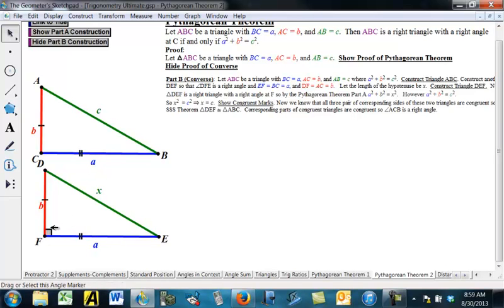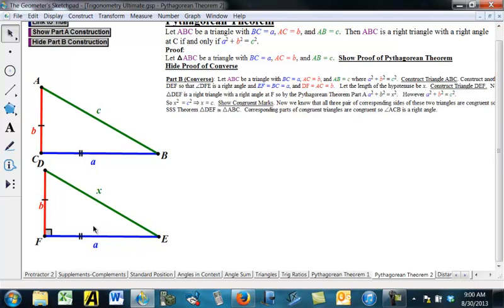But this one I'm going to construct so that it has a right angle. Now what I don't know on this one is the hypotenuse, but I do know that we have a right angle. In the original one I knew the hypotenuse was C, where C squared equals A squared plus B squared, but I didn't know the right angle. So let's look down at this triangle at the bottom.